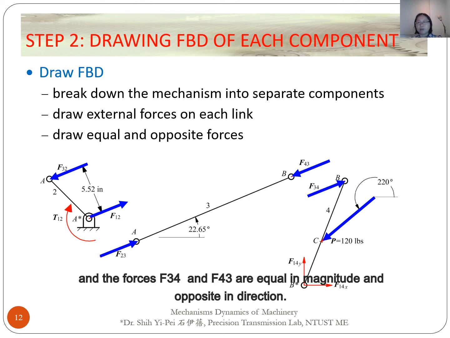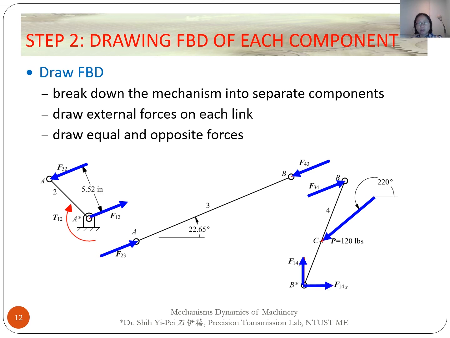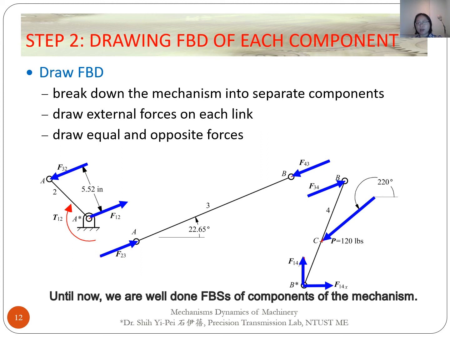The forces F34 and F43 are equal in magnitude and opposite in direction. For the force F14, we do not know its direction, so I wrote this force with X and Y components. Until now, we have drawn the free bodies of the components of the mechanism.